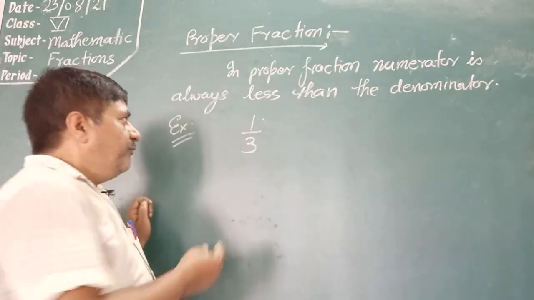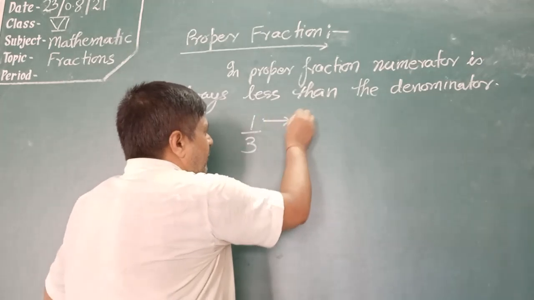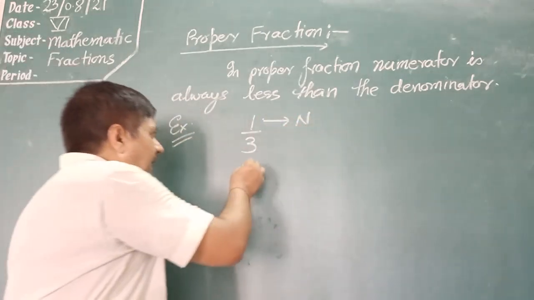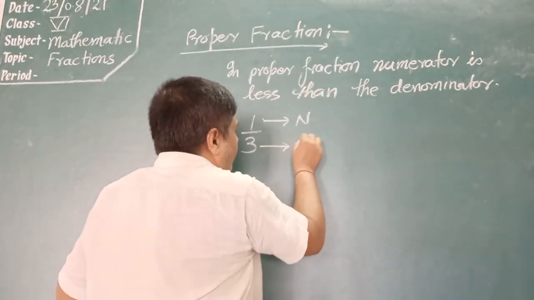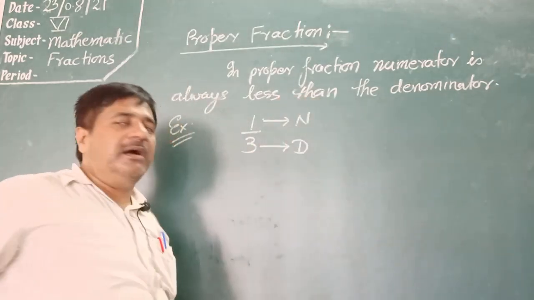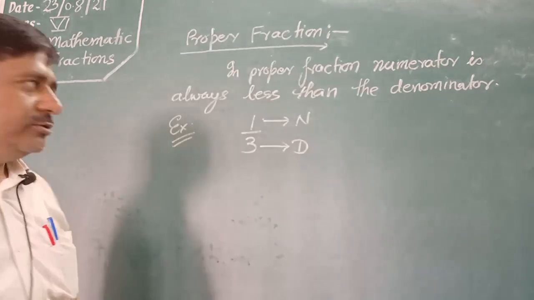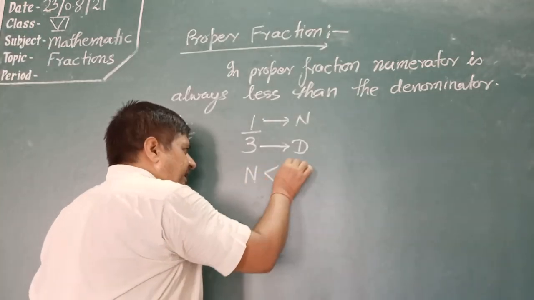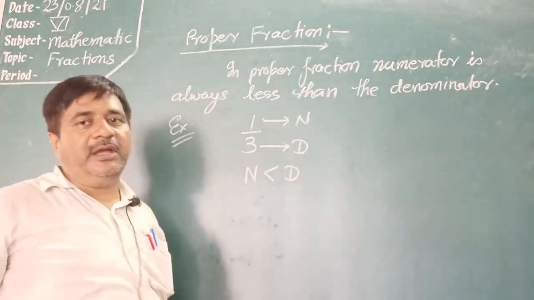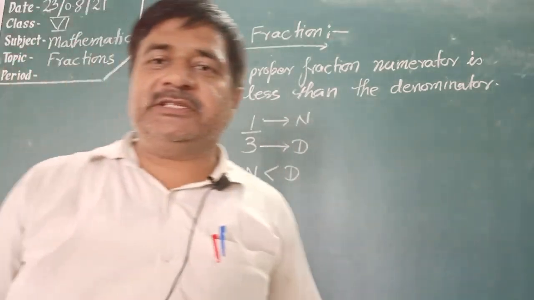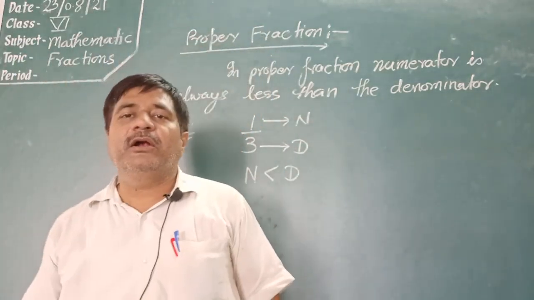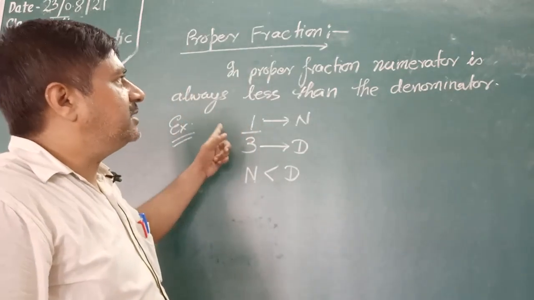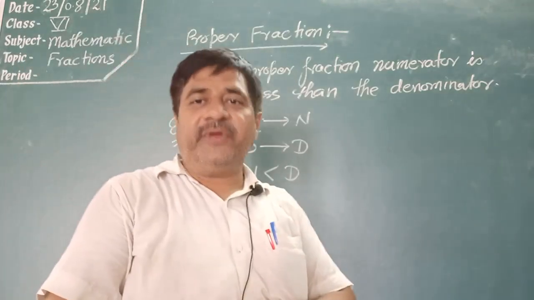Here 1 is known as the numerator, represented by capital N, and 3 is the denominator, represented by capital D. Here the numerator is less than the denominator, so this fraction is a proper fraction.